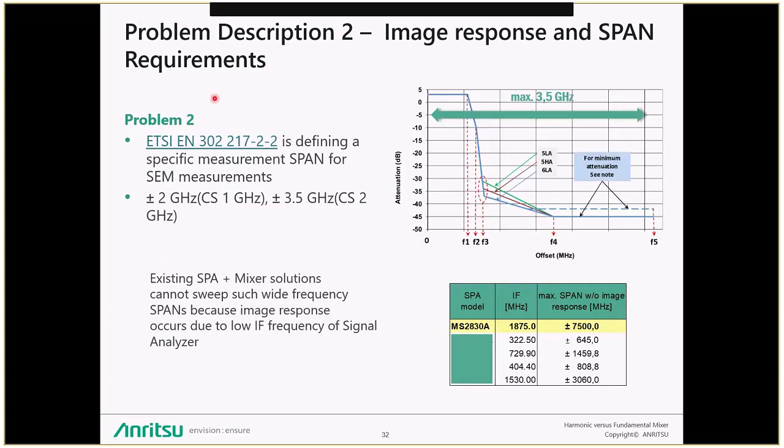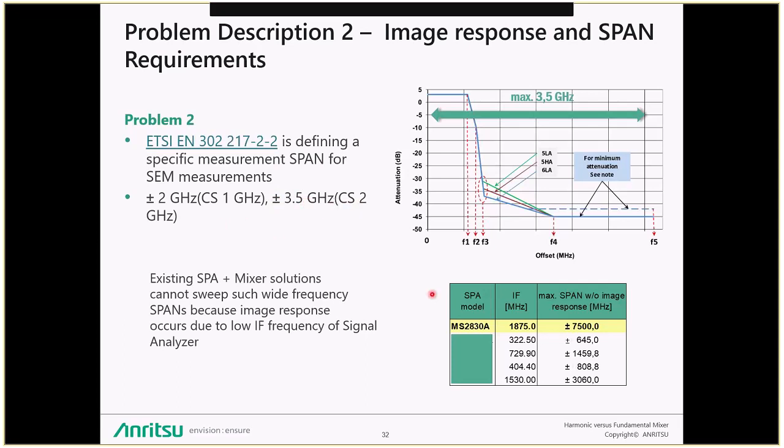Let's go for a particular example. In this case, same example as in problem number 1. This ETSI standard defines a specific measurement span for spectral emission mask measurement. In this case, it defines plus and minus 2 GHz span for a channel separation of 1 GHz and plus and minus 3.5 GHz for a channel separation of 2 GHz.